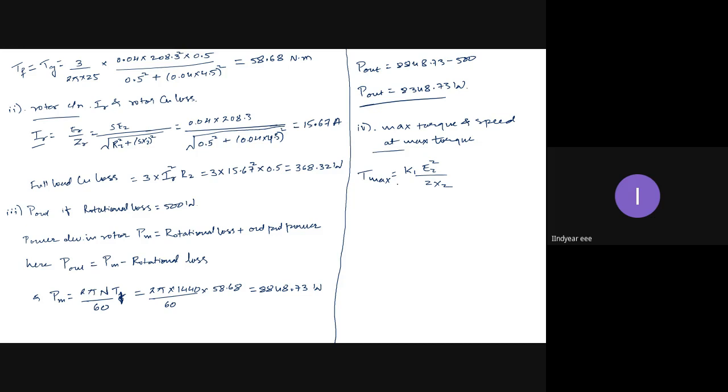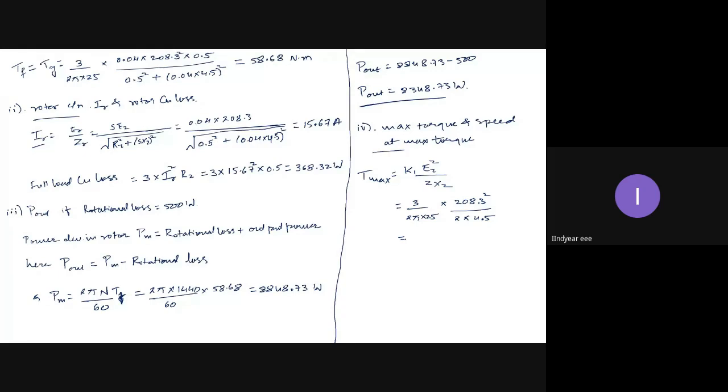So all the values we know. So it is 3 divided by 2 pi into 25 into 208.3 square by 2 into 4.5, divided by 2.25 into 2 into 4.5.